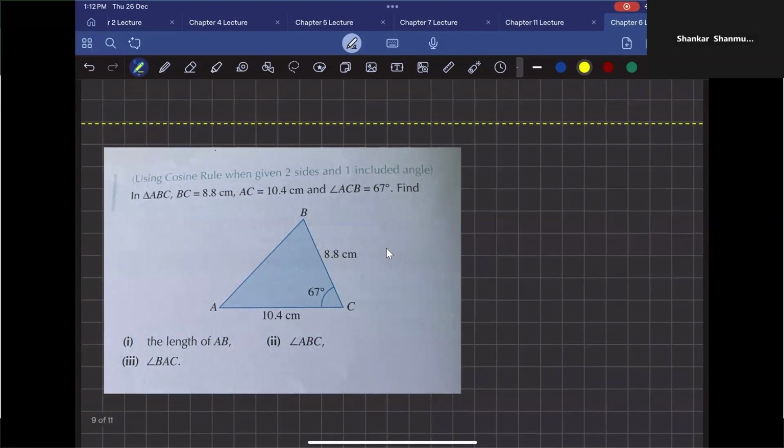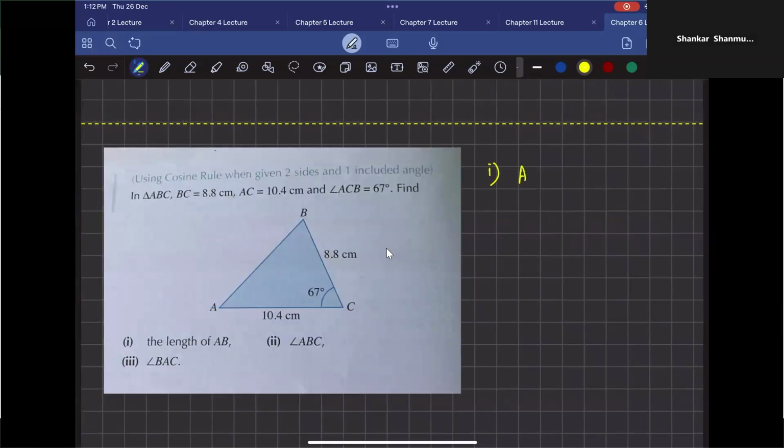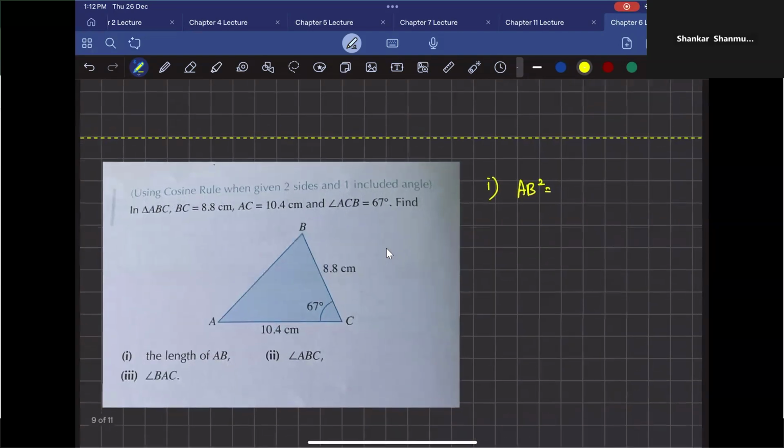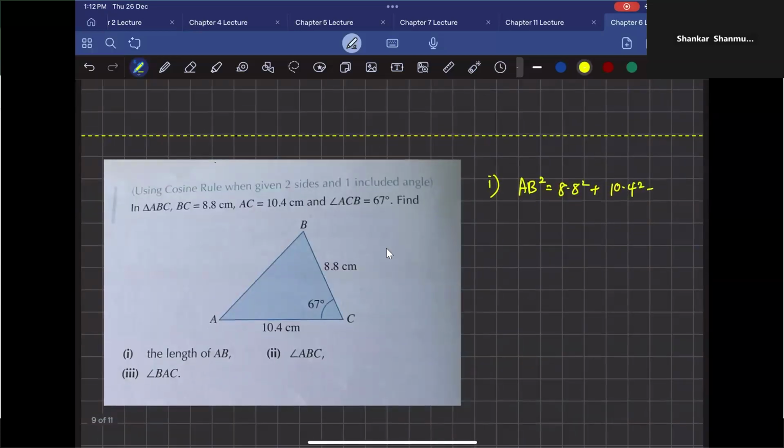Okay, so for part one, they ask you to find AB. So AB square is equal to your other two sides, which is 8.8 square plus 10.4 square minus 2 times 8.8 times 10.4 times cos of the angle opposite your side AB, which is cos 67 degrees.